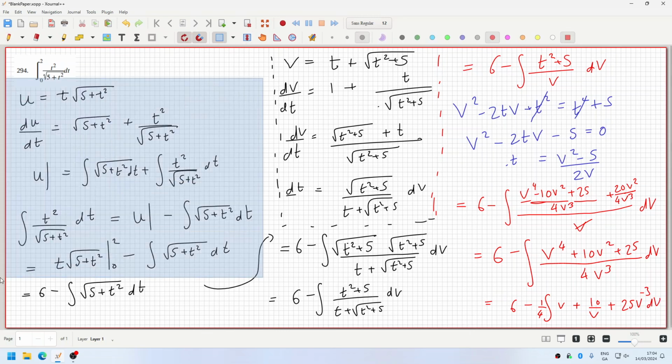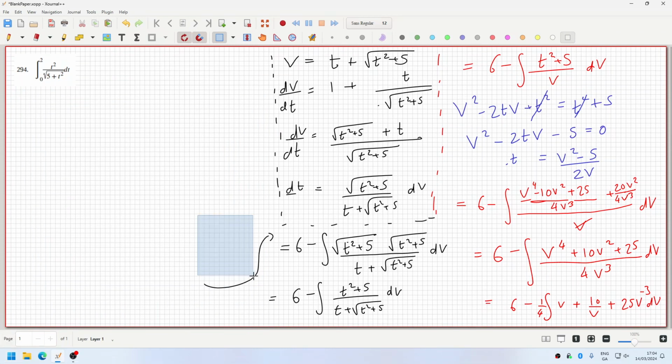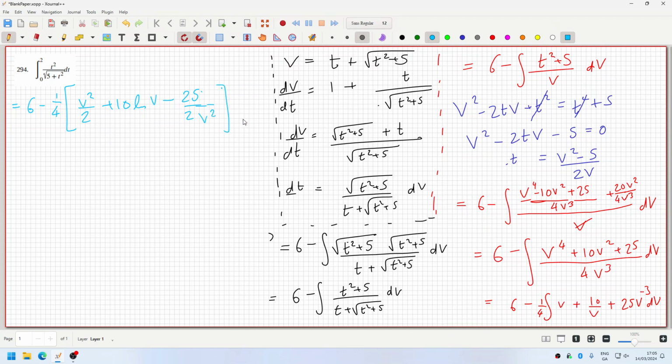Okay, let's continue on the left here. So that will be 6 minus a quarter, v squared over 2 plus 10 log v plus, increase the power by 1, divide by the new power, so that's minus 25 over 2 and then over v squared, with the limits.